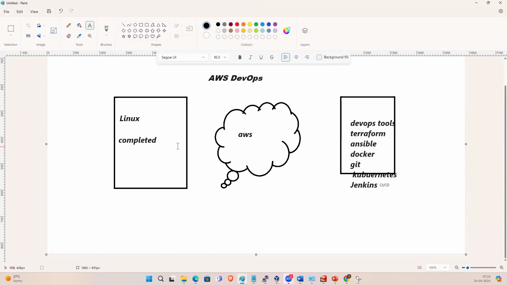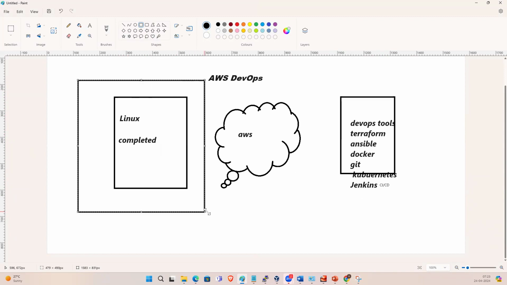So in AWS, Linux is completed. Where did we deploy our Linux machines, guys, as of now? In the DC. What is DC? Data center.